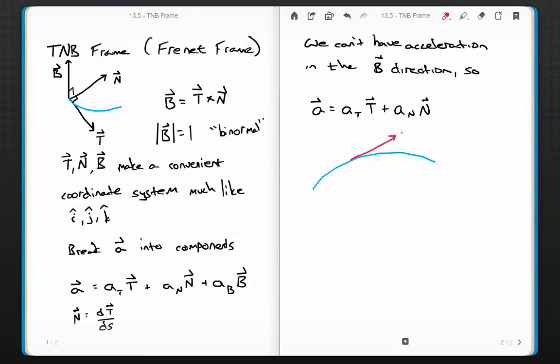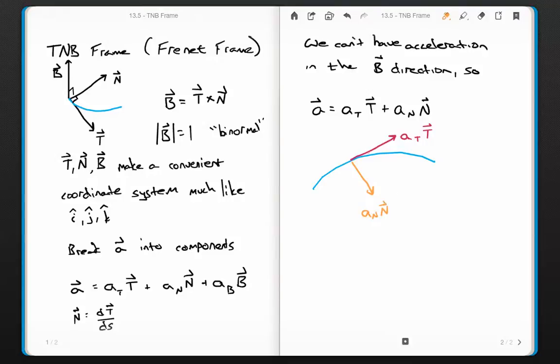If it's actually speeding up, like the magnitude of velocity is increasing, that would be this, A_T times the tangent vector. If the curvature is changing somehow, so it's accelerating this way, we could call this A_N times the normal vector, right?